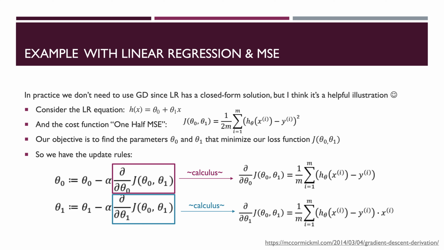We'll also use the cost function of 1/2 mean squared error. We're including the 1/2 term just because it makes the derivative calculation simplify more, and it doesn't change where the minimum value occurs. So our goal is to find these slope and intercept parameters that minimize our loss function for a certain data set.